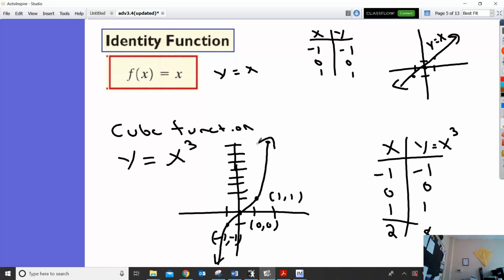Y equals x cubed and y equals cube root of x are inverse functions, so the graphs look a little bit different. One likes the x-axis, the other likes the y-axis. That's your cube function.